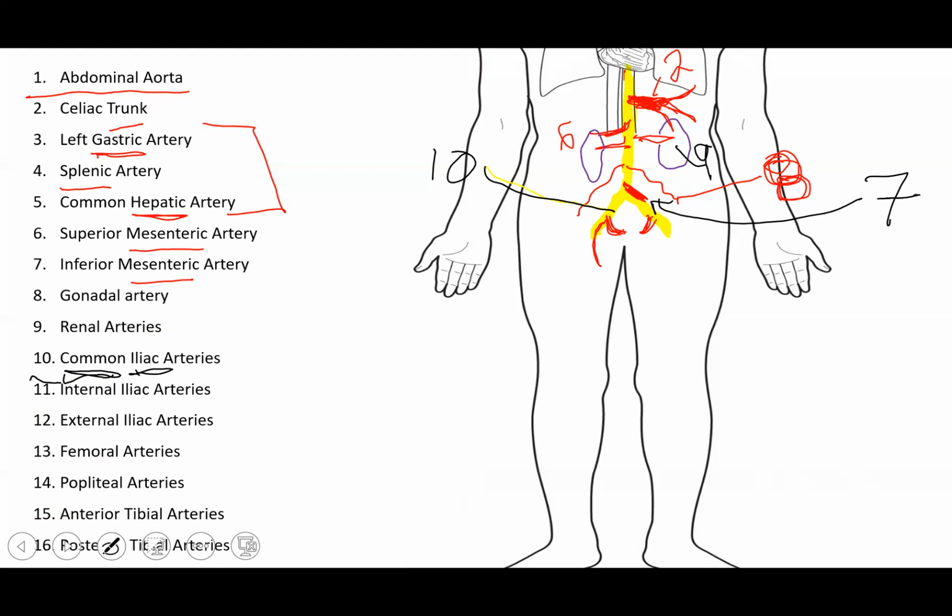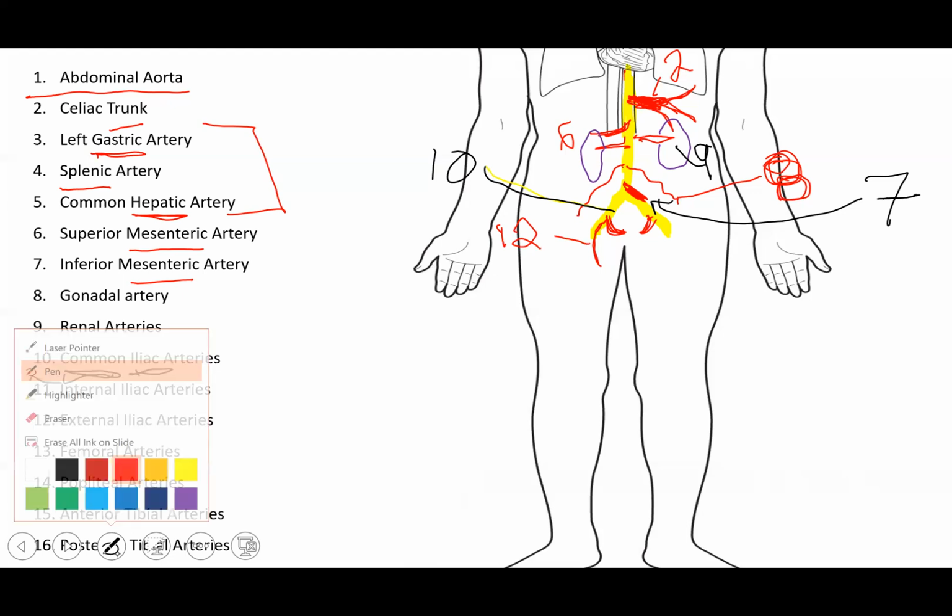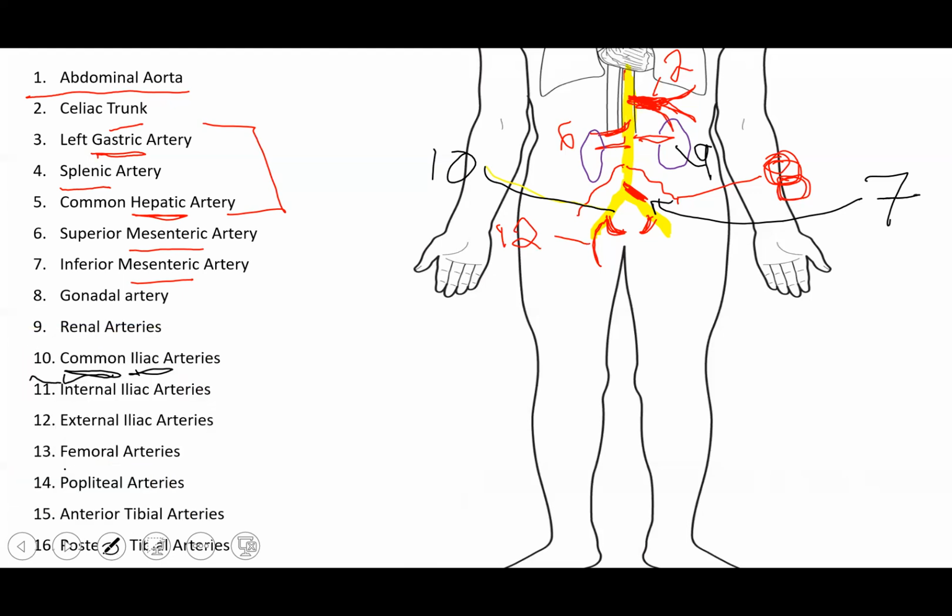Okay, the external iliac artery, so number 12 right here, this is ultimately going to deliver blood down the entire leg. Okay, the external iliac artery stops being the external iliac artery when it crosses over the pelvis.